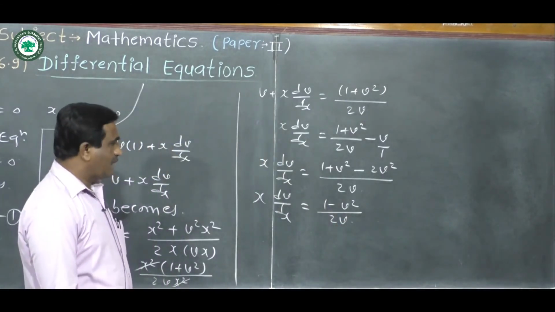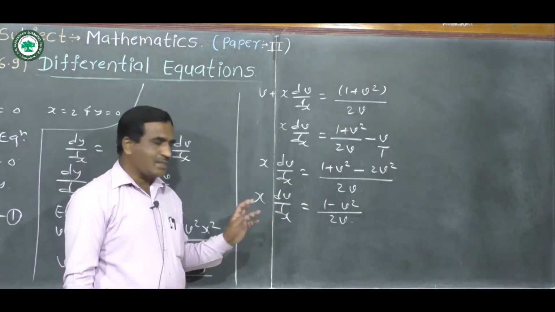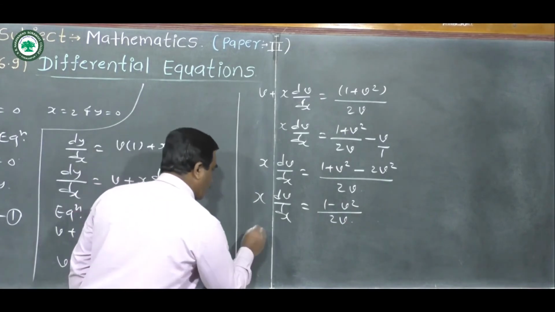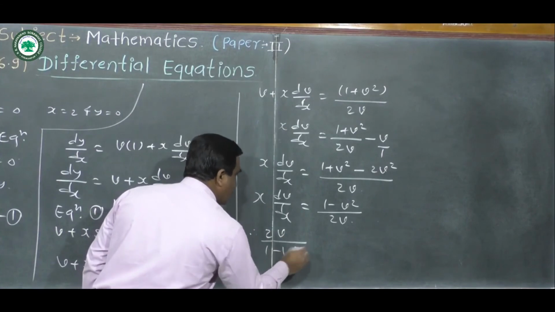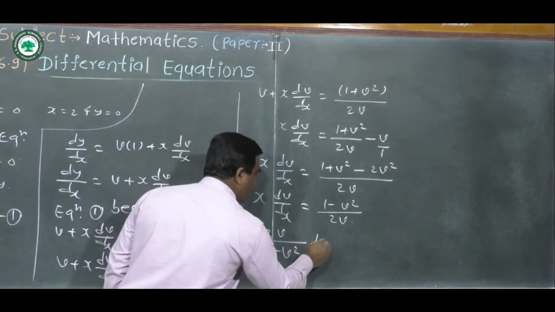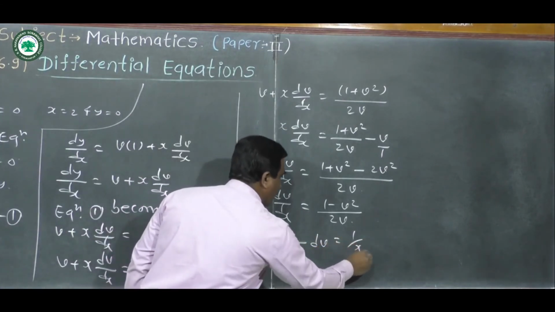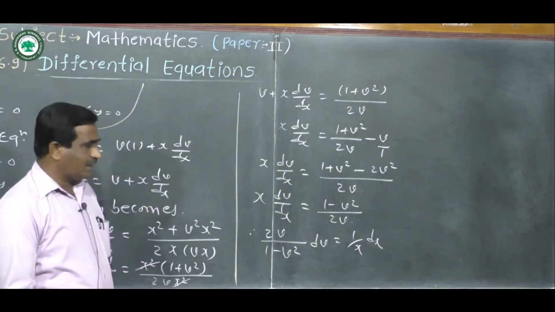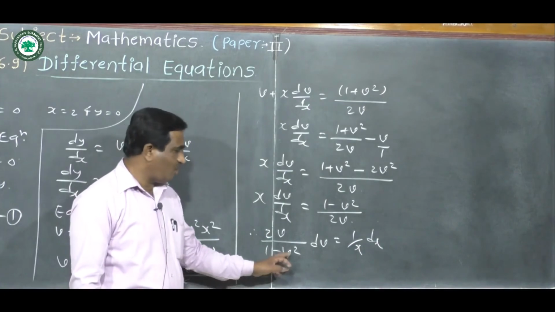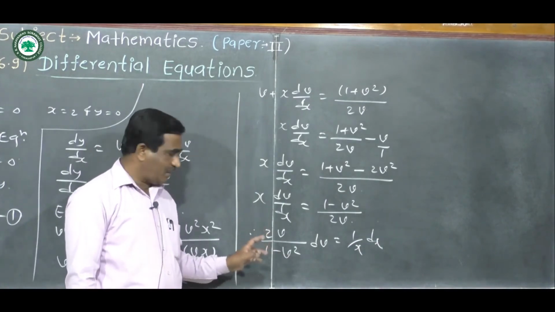Okay, we can write here terms of v to the LHS and terms of x to the RHS. Therefore, 2v upon 1 minus v square into dv equal to 1 upon x into dx. Okay, this is the variable separable form for the given differential equation.